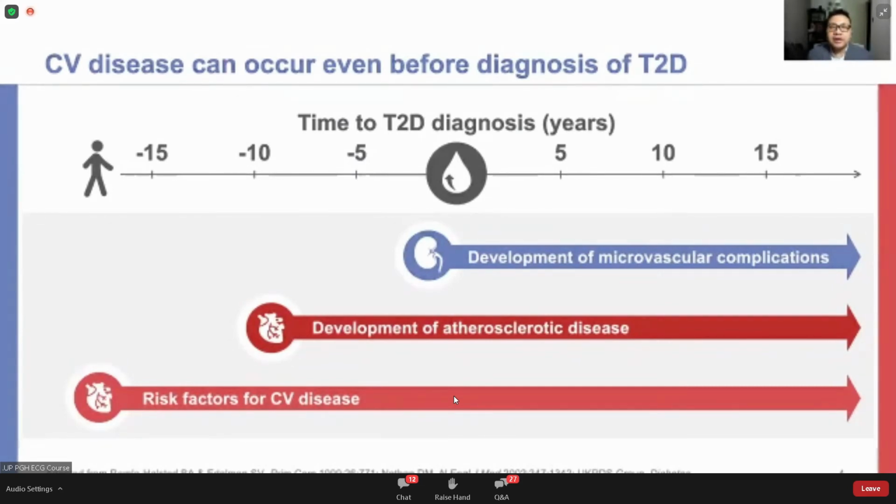That's why it's very important to address this early on. And once you diagnose your patients as having diabetes, you should screen them for pre-existing cardiovascular disease.